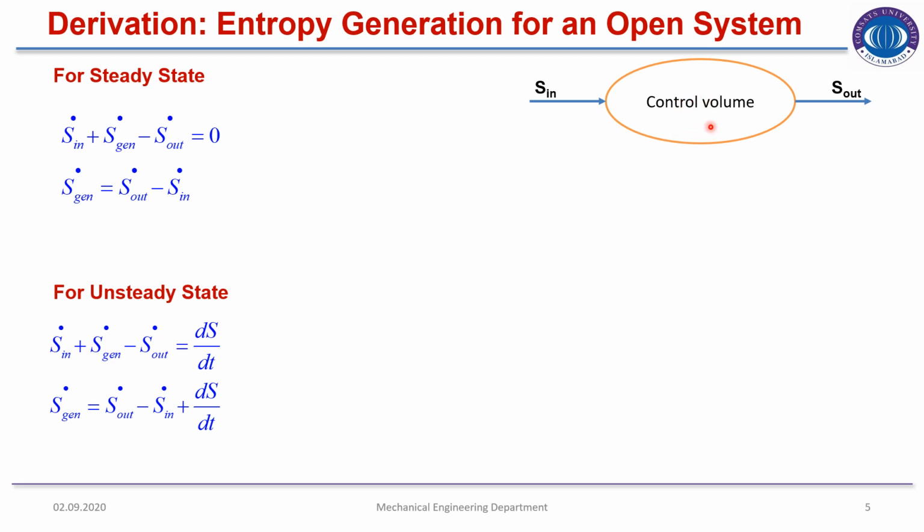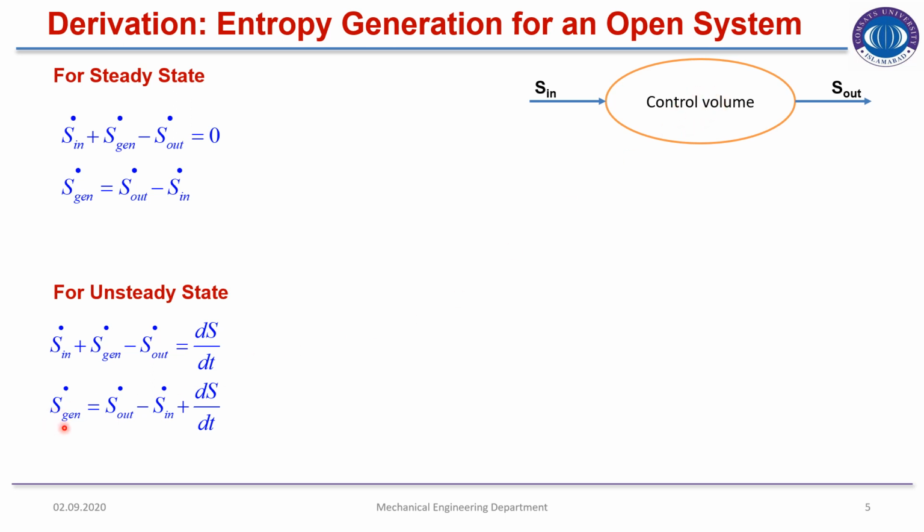So for unsteady state, we have the relation: S in, the entropy that entered the control volume, plus S gen, the second term that represents the irreversibility of the process within the control volume, minus S out, the entropy that is exiting the system, equals ds by dt, the rate of entropy accumulated within the control volume.